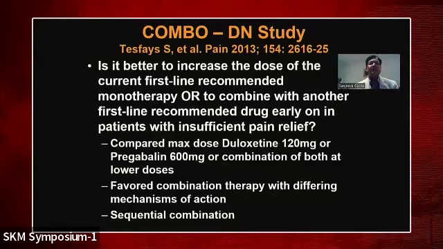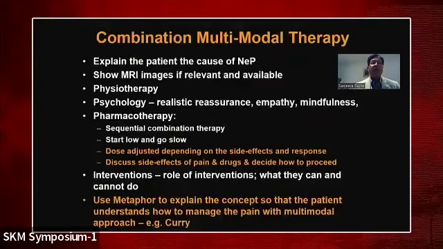And amitriptyline at 25 milligrams has helped the pain by about 30% or so. Then you add gabapentin, not delete amitriptyline and add gabapentin. You add gabapentin to amitriptyline, increase the dose to a tolerable level, and see if the pain relief improves to 50 or 60 or 70% or more. Then continue with that, and think about any other therapy if the patient needs more pain relief. That's what we mean by combination therapy.